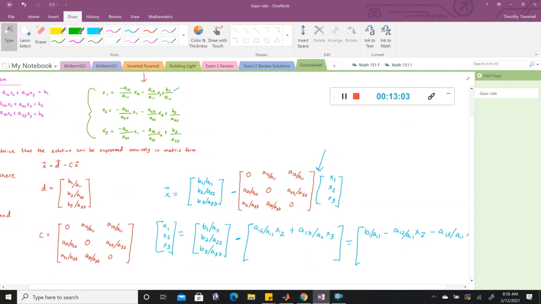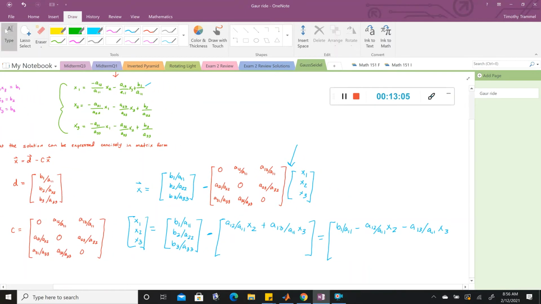And then notice the other two terms seem to match up here too. A minus A12 over A11 x2, and minus A13 over A11 x3. And if you finish doing the multiplication here, filling this all in, subtracting, you'll see that we get these same two bottom equations here.